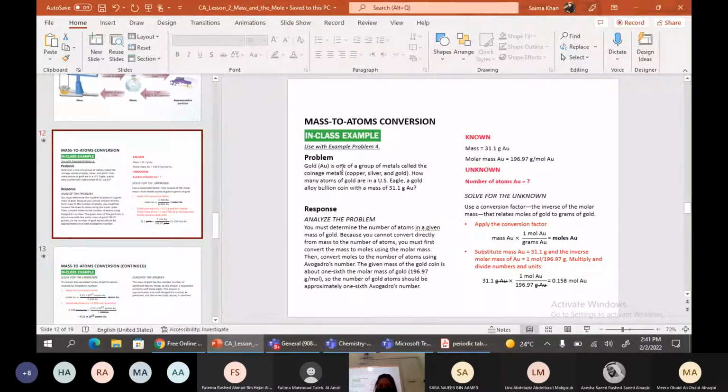Okay, girls, there is a question here. The question says, gold is in a group of metals. Asil, can you read the question? Yeah, the problem.